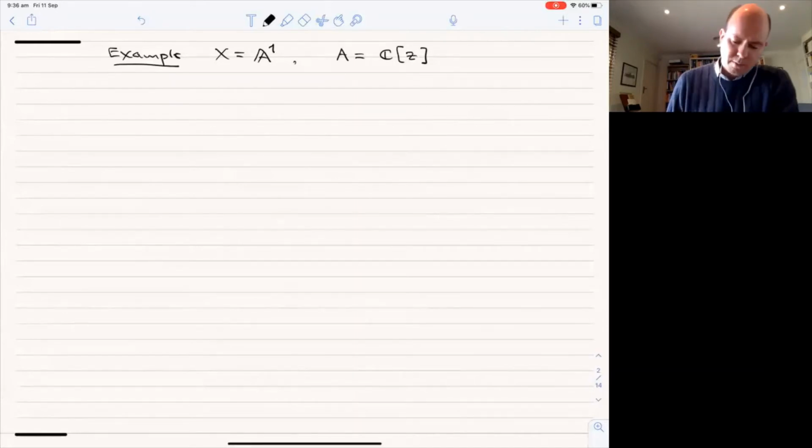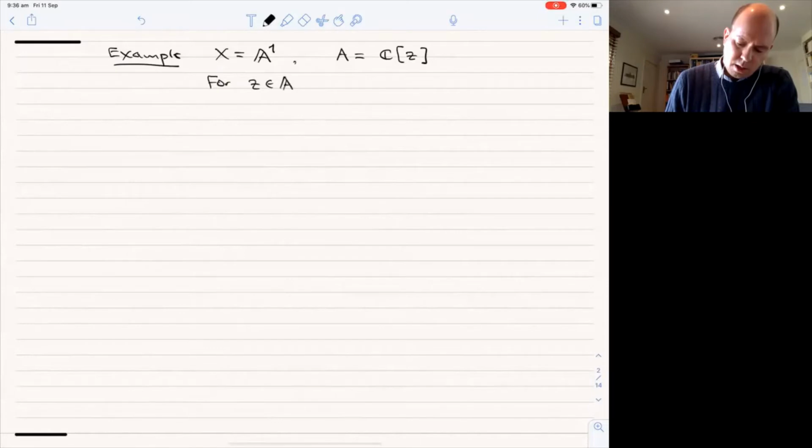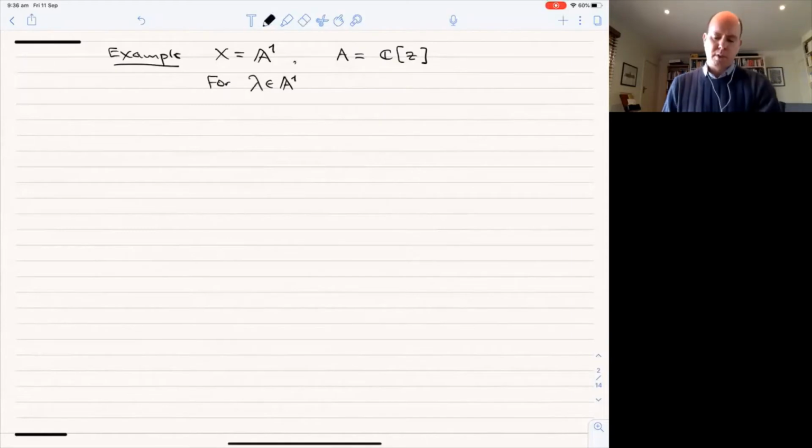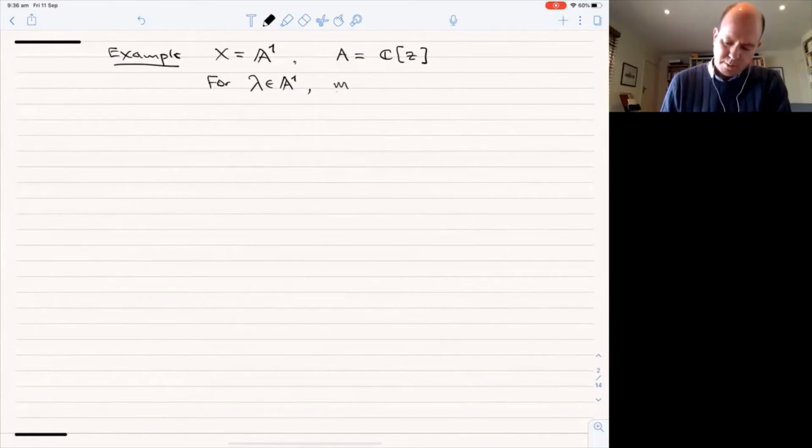So the points, no, sorry, I should call it lambda. The points in the affine line correspond to maximal ideals in this ring, and so the maximal ideal corresponding to lambda is just the polynomials of which lambda is a root.